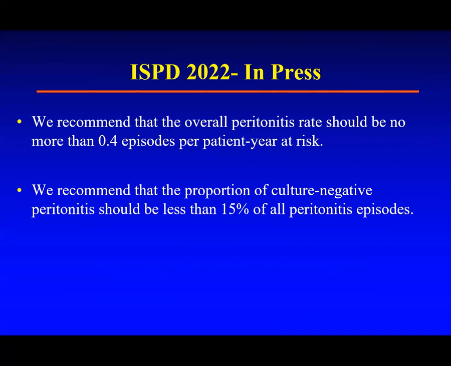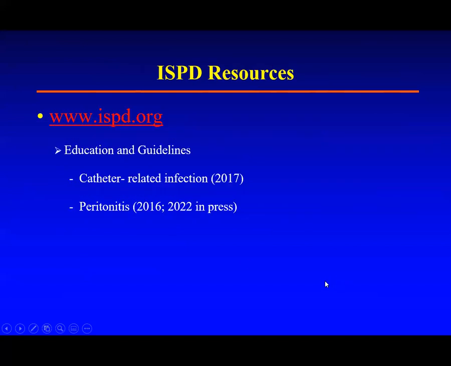We now know that there are programs routinely achieving 0.2, so we're striving for better. 0.2 is difficult to achieve for many programs, but 0.4 is very, very reasonable. All over the world, there are programs achieving a rate of 0.4 or lower. And similarly, we recommend that the proportion of culture-negative peritonitis should be less than 15% of all peritonitis episodes.